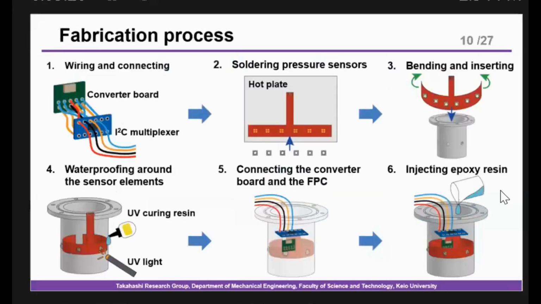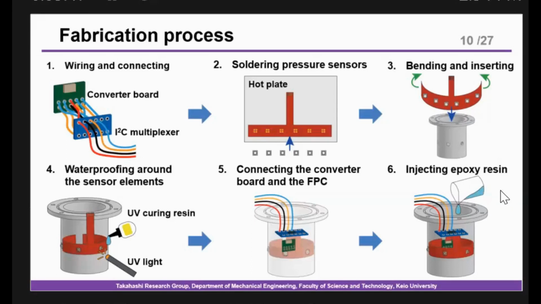Next, I'd like to explain the fabrication process. First, we wired and connected the converter board and I2C multiplexer together. Next, we simultaneously soldered pressure sensors onto the FPC using a hot plate. Following that, we bent the FPC and inserted it into the housing.